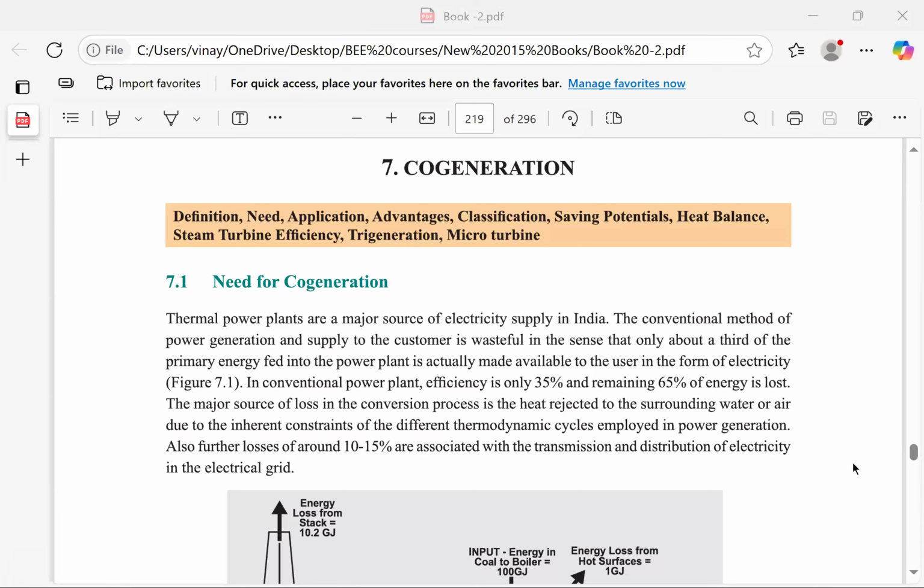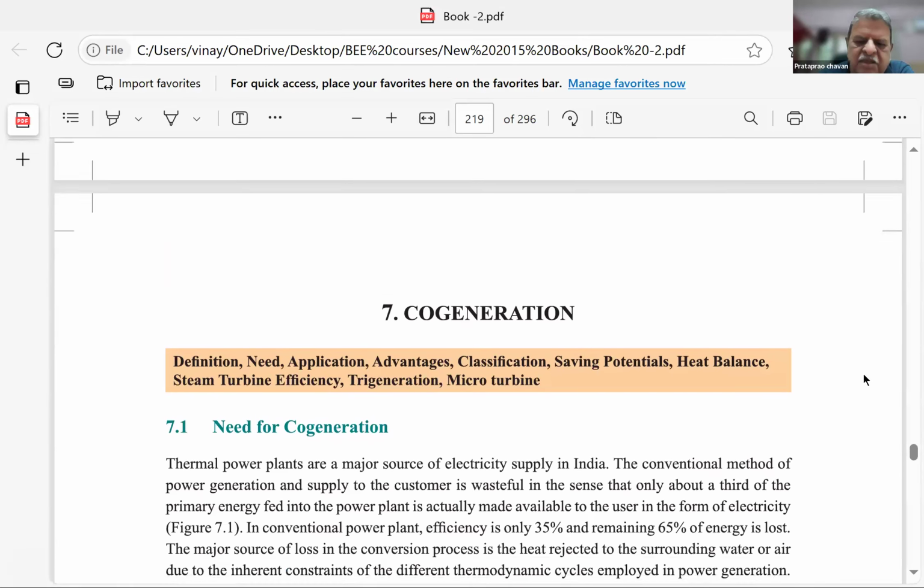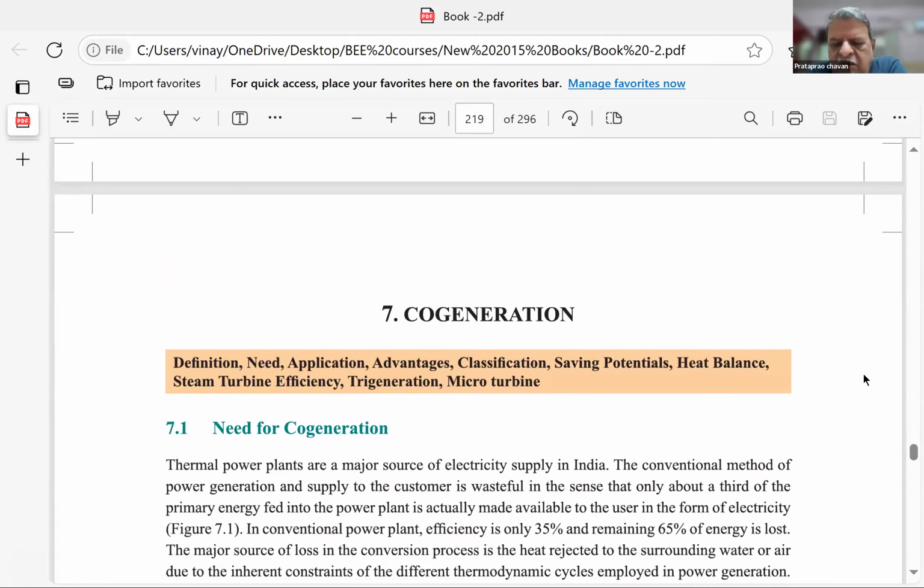so we'll be covering the topic of cogeneration in this lecture. This topic is a bit difficult in the sense that it contains almost the same syllabus you have learned in boiler and turbine, it's combined. So it's a pretty big chapter, about 20-21 pages.